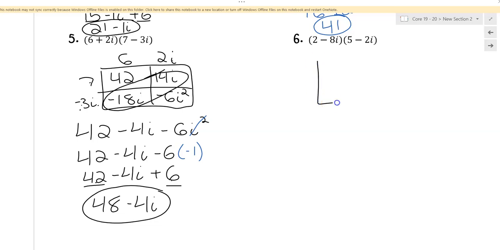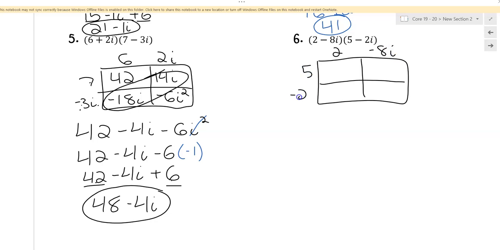Next problem, same type of thing. 2 minus 8i times 5 minus 2i. 5 times 2 is 10. 5 times negative 8i, well, 5 times negative 8 is negative 40, and we just bring down the i. Negative 2 times 2 is negative 4. Negative 2 times negative 8 is positive 16. And i times i is i squared.